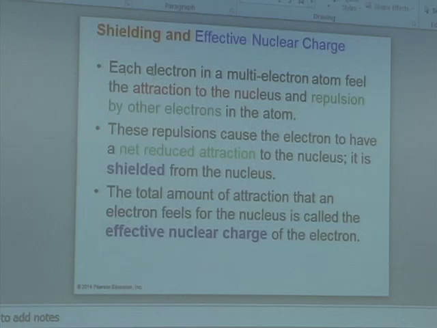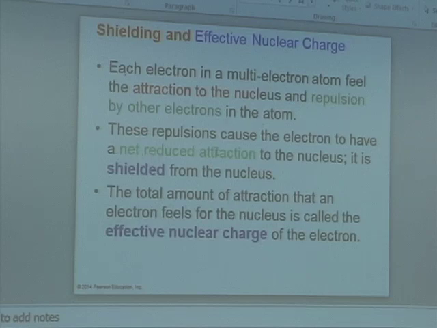And then we go to the concept of effective nuclear charge and shielding as a result of the multi-electrons in an atom. Each electron in a multi-electron atom feels an attraction to the nucleus, but also a repulsion from the other electrons.